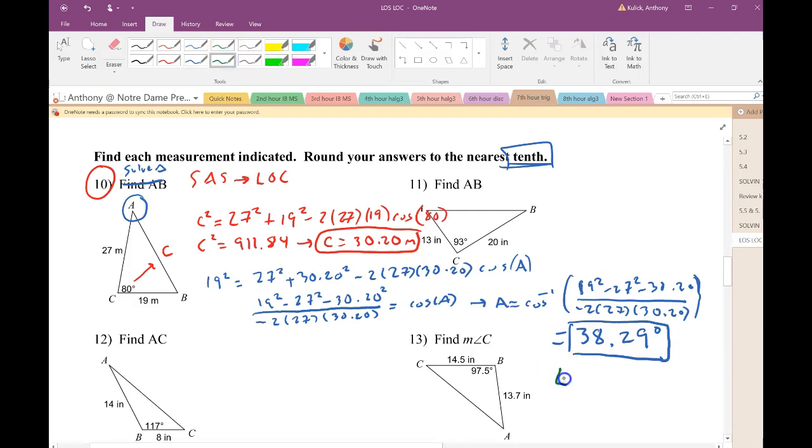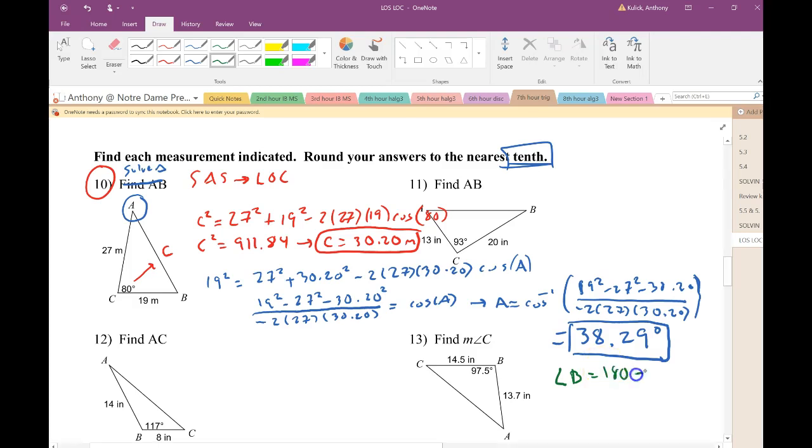Now, how would I get angle C then? Oh, I already have angle C. I would just write down the answer for angle C. How do I get angle B then? Can I do the same thing? I could do the same thing, but much easier is to just subtract from 180.